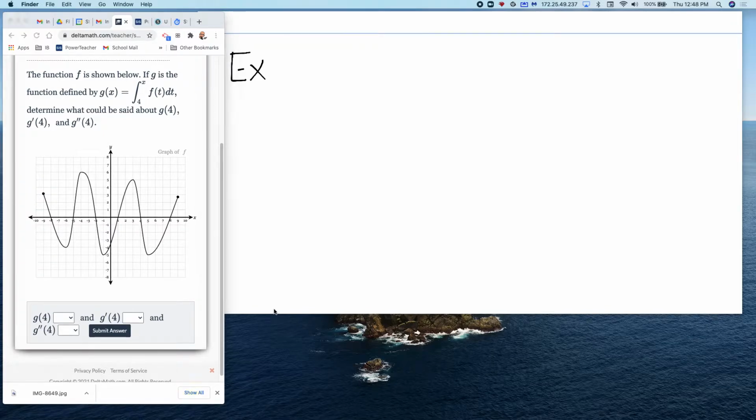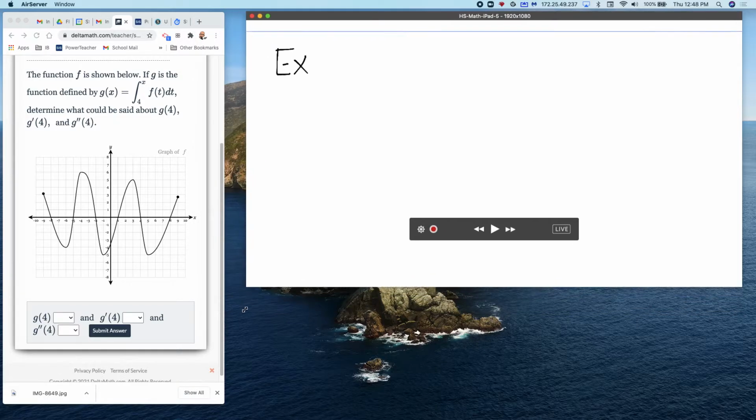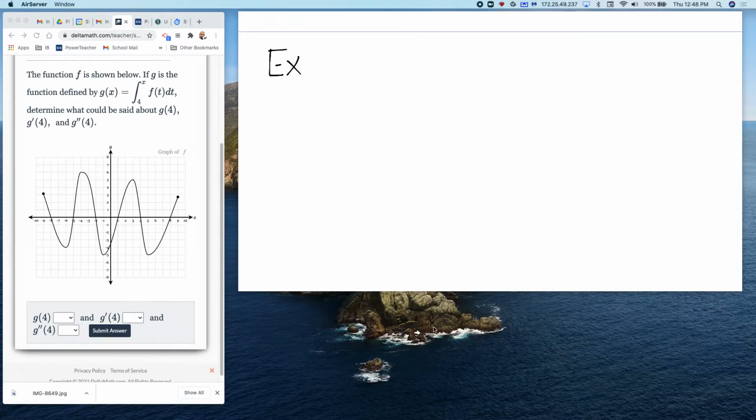All right. So here's the first problem. And I'll show you how it relates to the chart and what my thought process is on it. I'm not necessarily going to rewrite the whole problem. I certainly am not going to draw that graph, but you get an idea. So g of x is the integral from 4 to x of f of t dt.